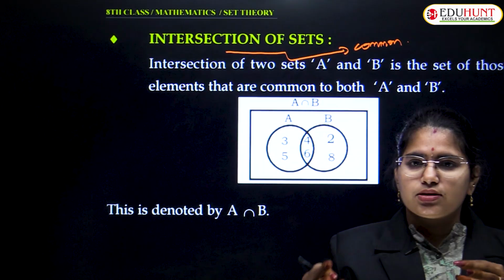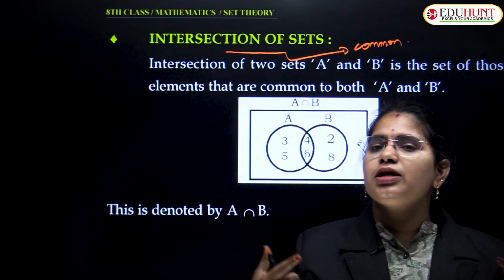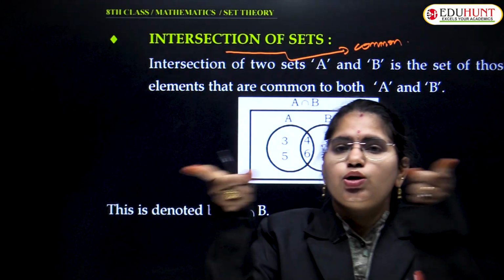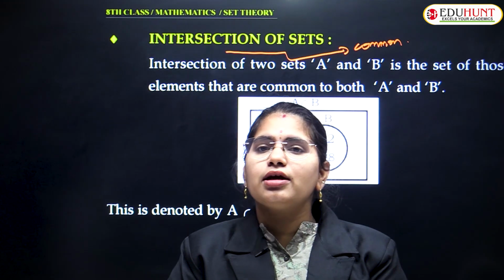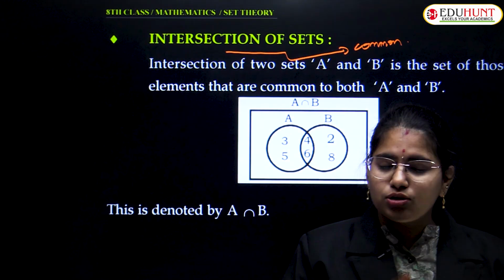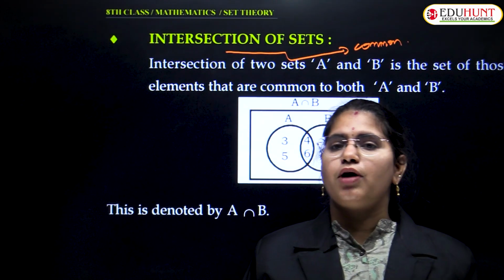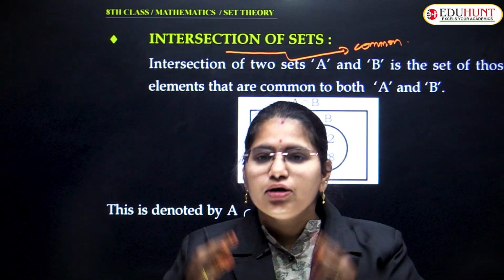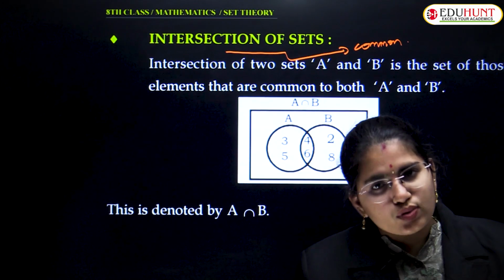Common of sets means common of sets. So what are the common things you are going to find between two sets? Obviously elements. If you can find any common element between two sets, then you will have the intersection of two sets.